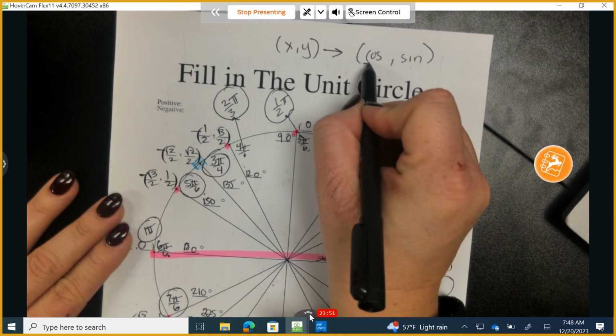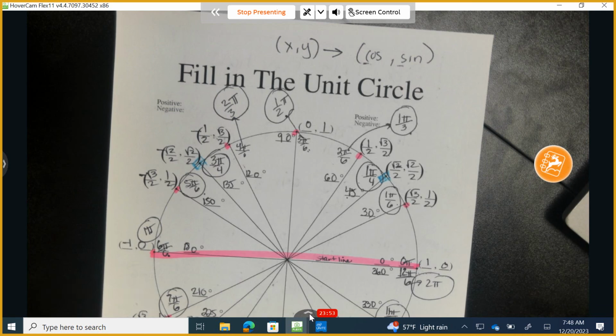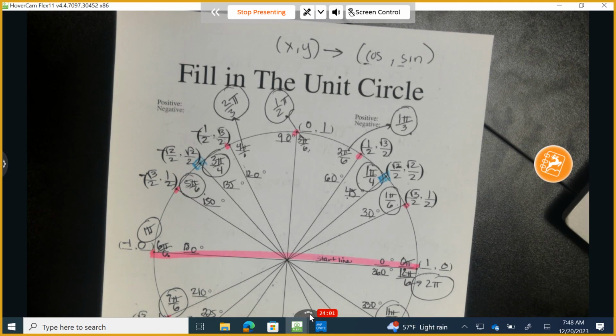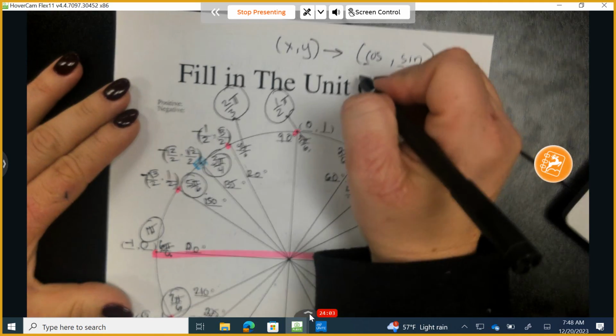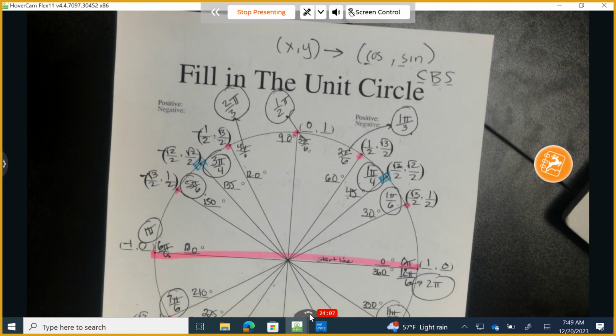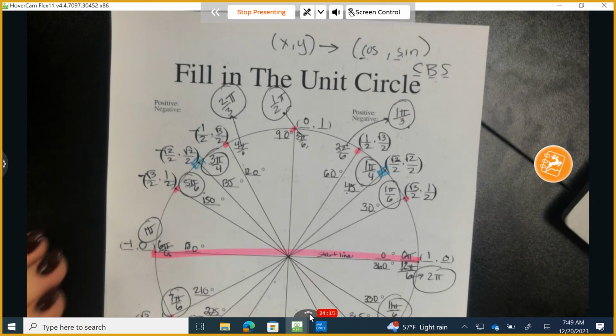One is, please put a line underneath the C and the S. C in the alphabet comes before S. But I had a student, like David, made a method that we remember, that said, if you think of cable television, you think of cosine, CBS. Cosine before sine. So think of this, the cable television network CBS. CBS says cosine always comes before sine, and that's how they remember this.